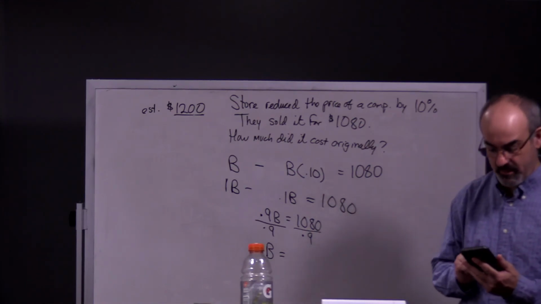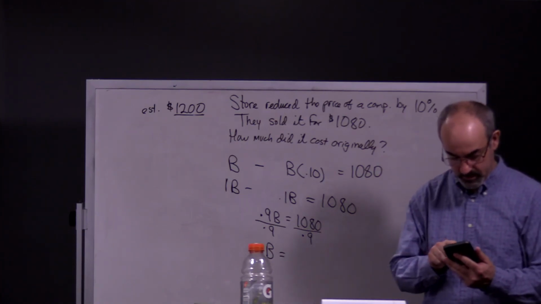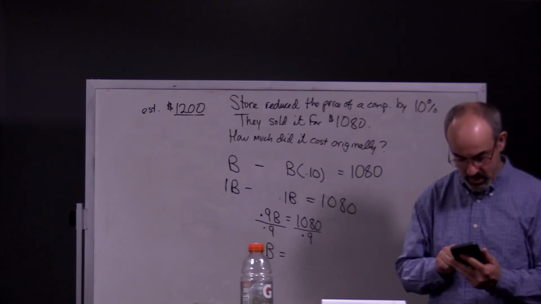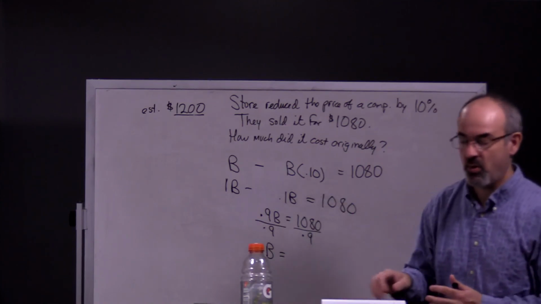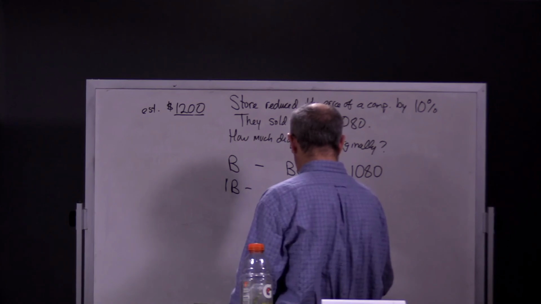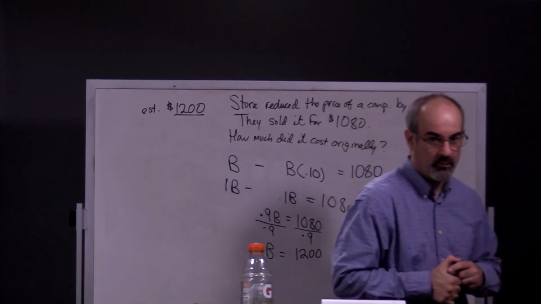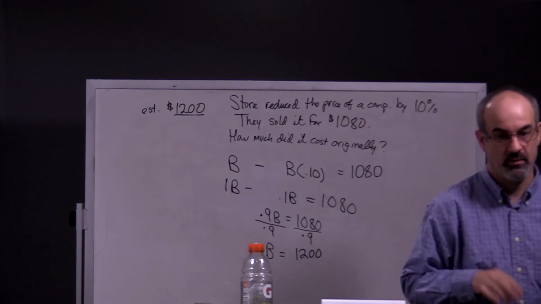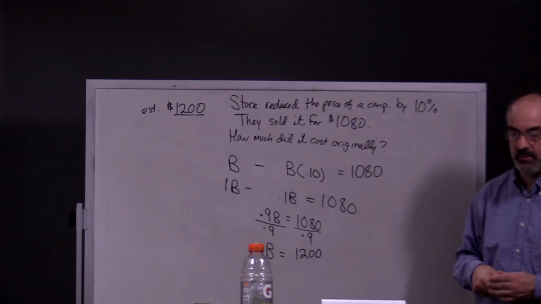Probably can't do that. So 1080 divided by 0.9 is, oh my god, it's 1200 exactly. My estimate was pretty good. Now, we read the problem, understood it, we devised the plan, we carried the plan out.